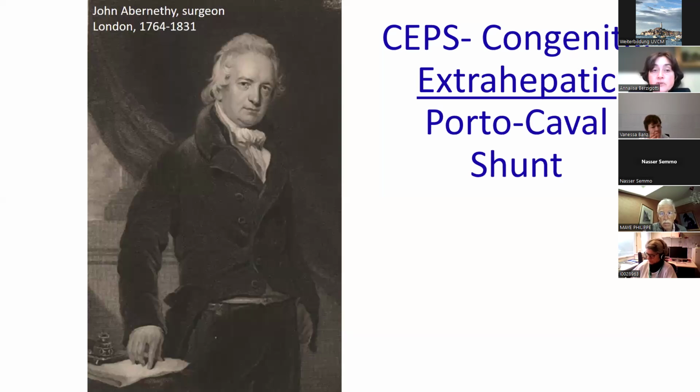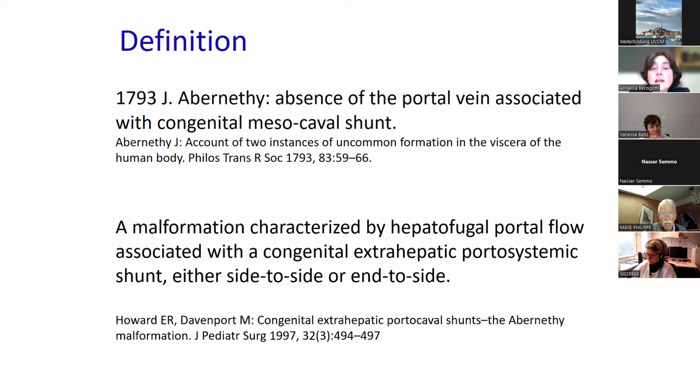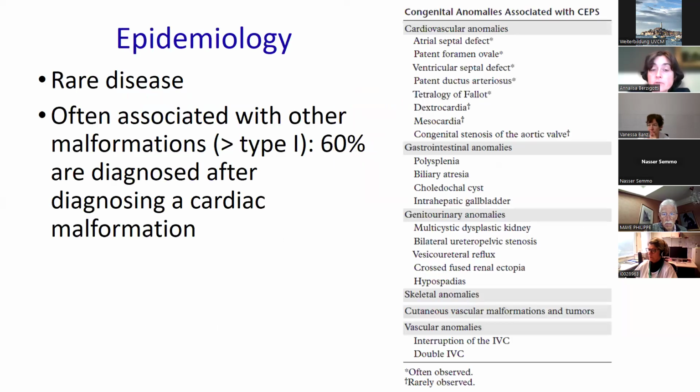John Abernethy was a surgeon, worked in London in the early 19th century, and he described the absence of the portal vein associated with congenital mesocaval shunt. And nowadays, we refer to this malformation as a malformation characterized by hepatofugal flow associated with a congenital extrahepatic portosystemic shunt, either side to side or end to side.